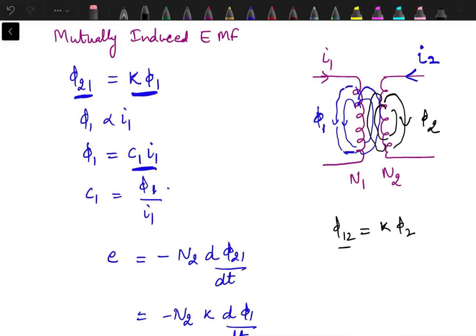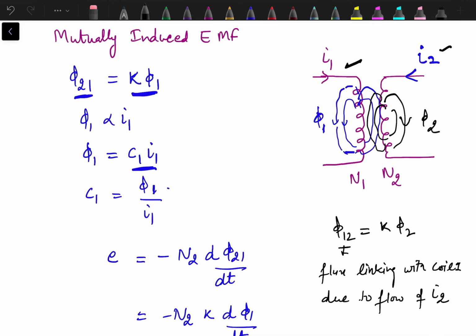Now this phi 12 is the flux linking with the first coil because of flow of current I2.